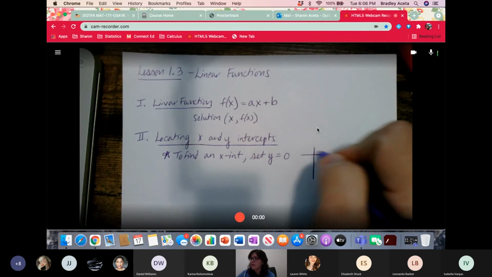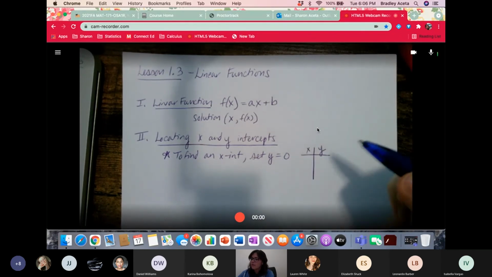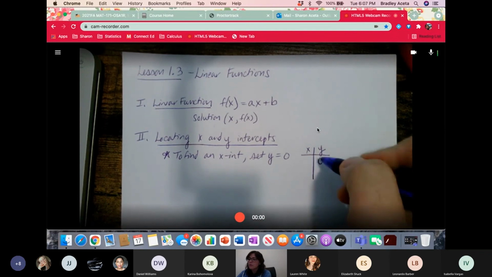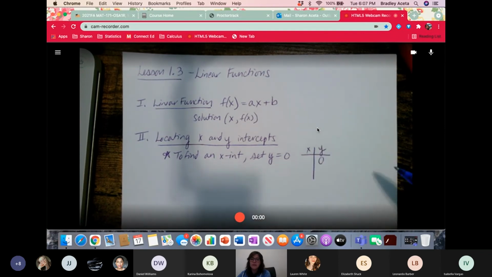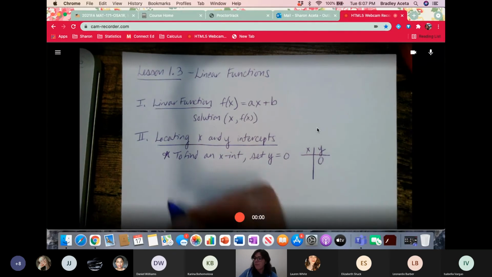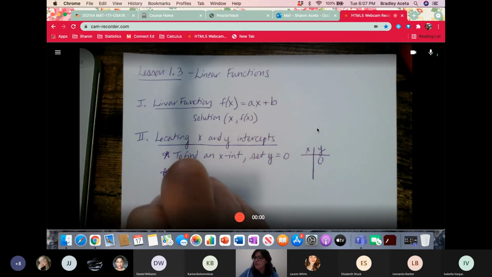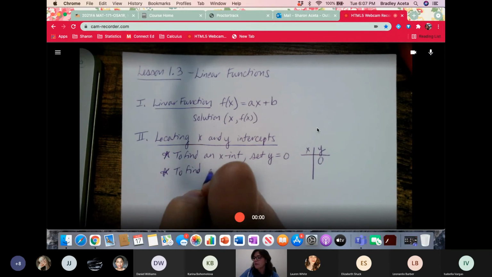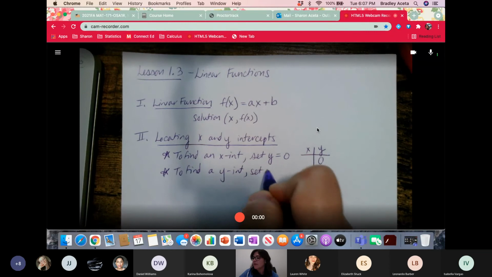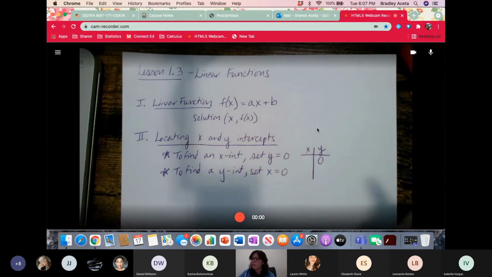So if you're thinking about it like a t-chart here, if you want to find an x-intercept, you put a 0 here in for y, or you put a 0 in for f of x. And that will help you find the x-intercept. If you want to find a y-intercept, you set the x equal to 0.